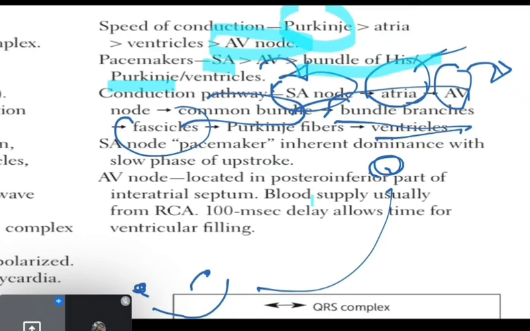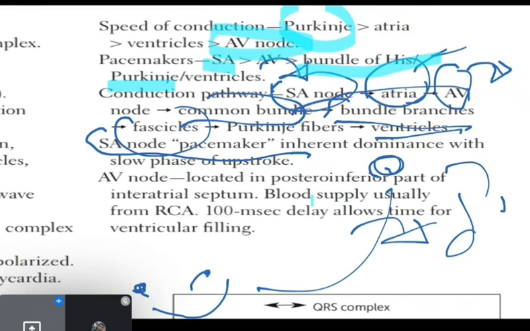Now, as we say, the SA node is the pacemaker of the heart, with a slow phase of upstroke. It will be slow in order to delay the contraction of the ventricles and to fill the blood in the ventricles.